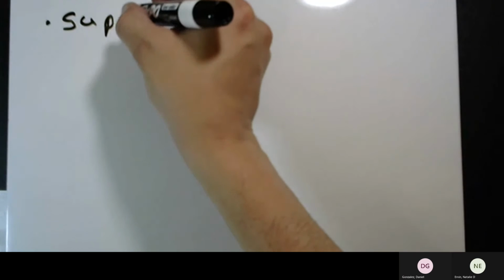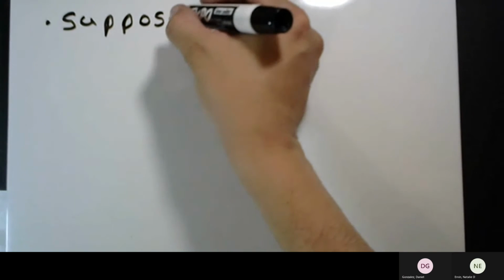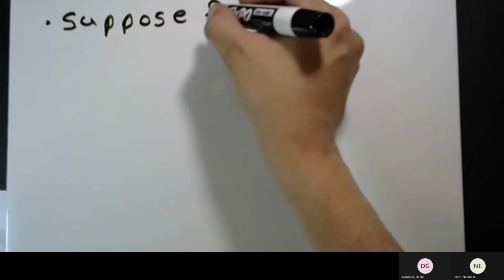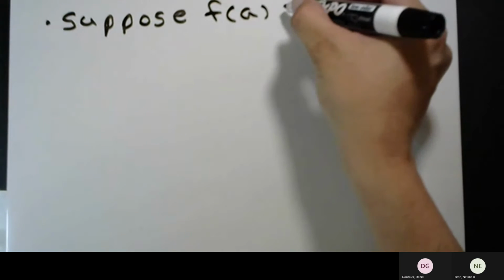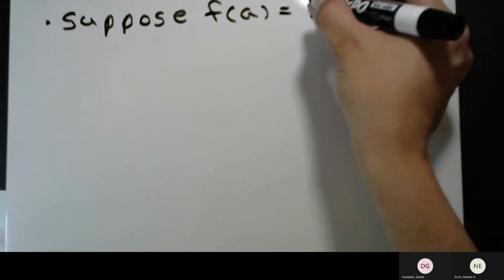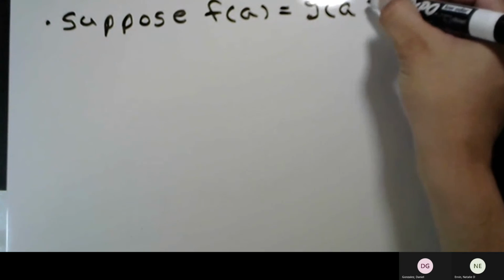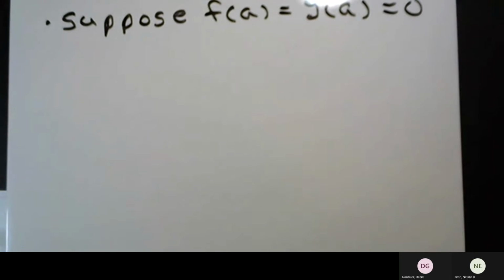So here's L'Hopital's rule. Let's suppose f of a equals g of a equals 0.